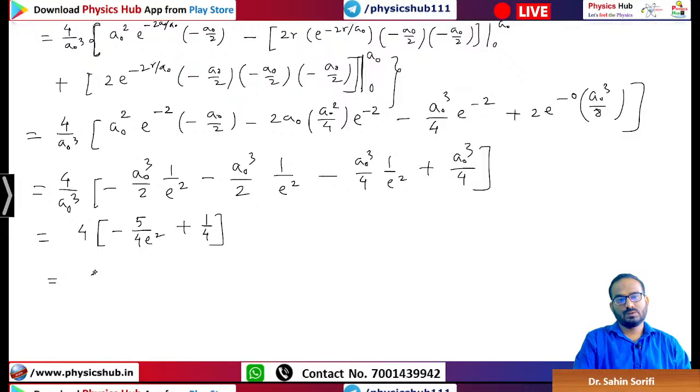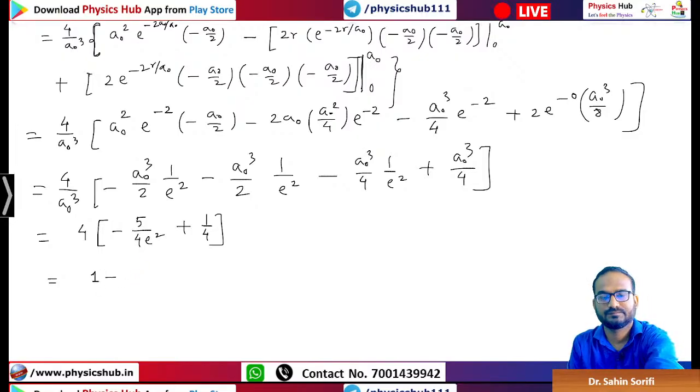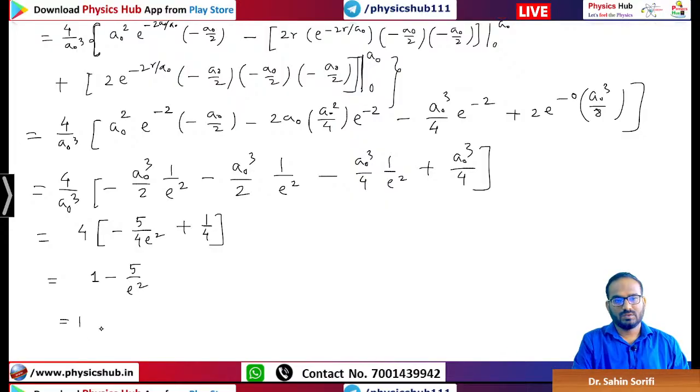This is equal to 1 minus 5 by e square. 1 by e square is 0.137.